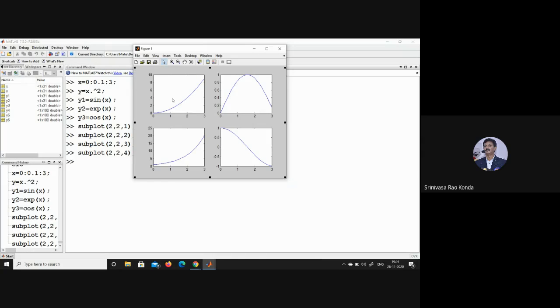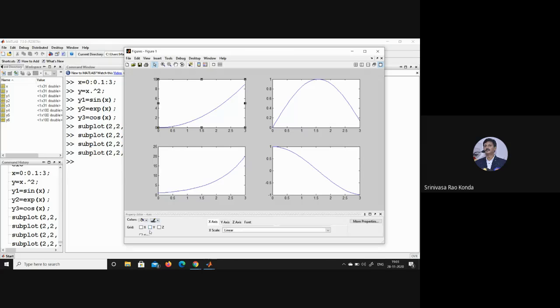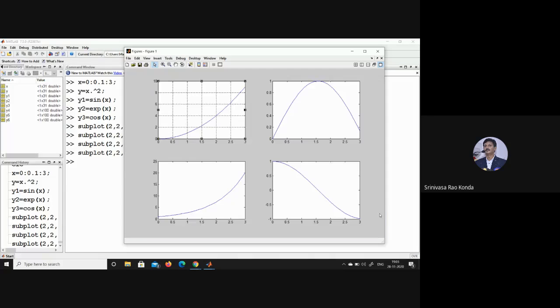Suppose if you want to do anything, select this one, X label, Y label. If you want to change anything, you can. Okay. Tools, Insert, X axis. It will come X axis. Why? Because I highlighted this one.